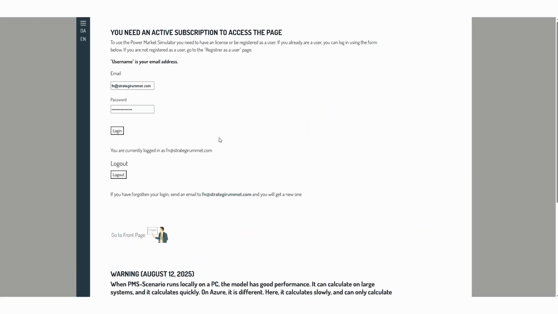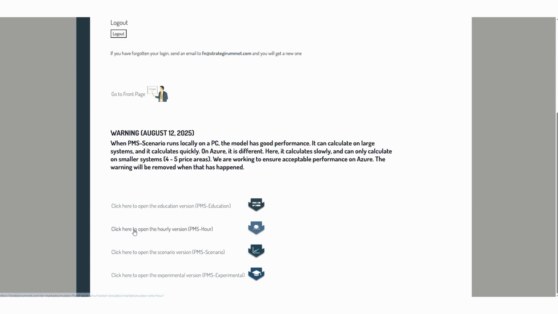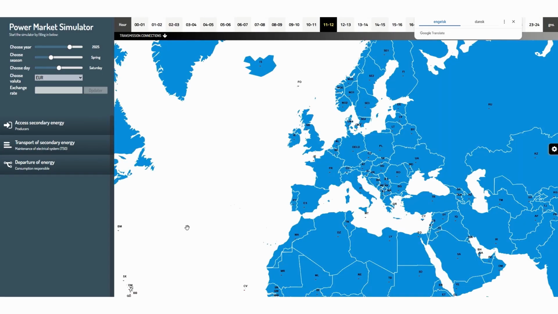I am logged in now here, and then you go to and open the hour version of the power market simulator. And once you have become familiar with how to do analysis with PMS education, it is easy to switch to real life data.